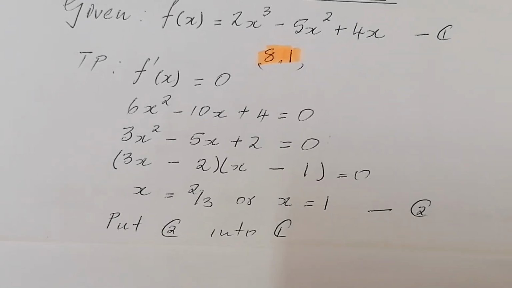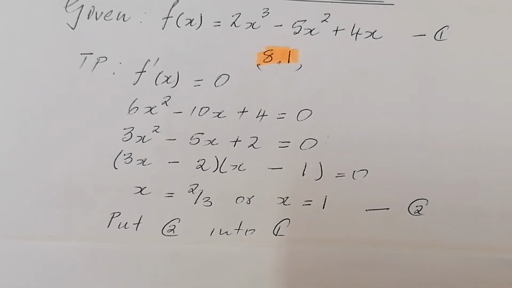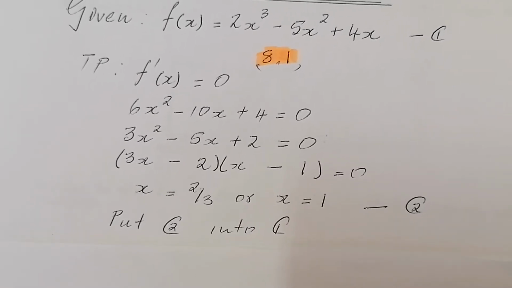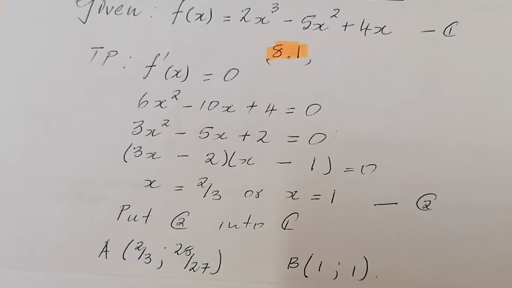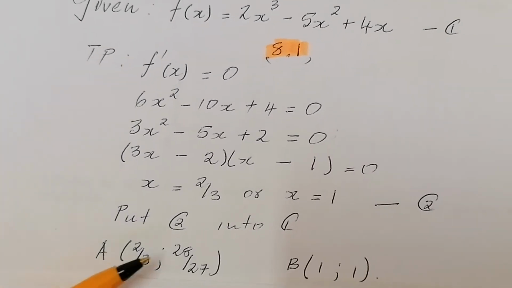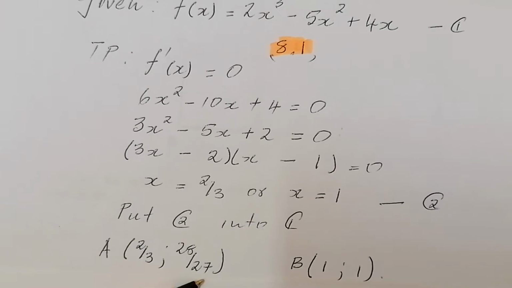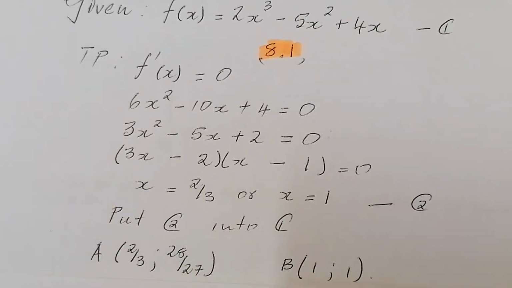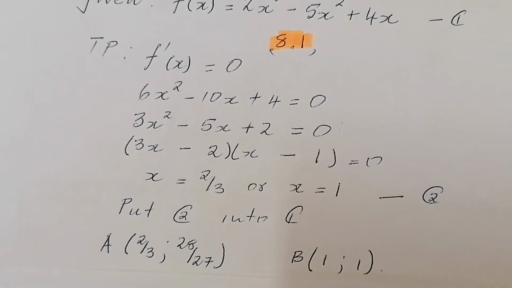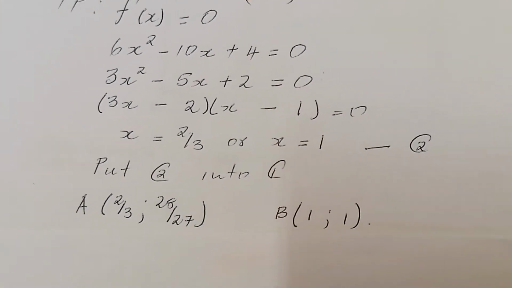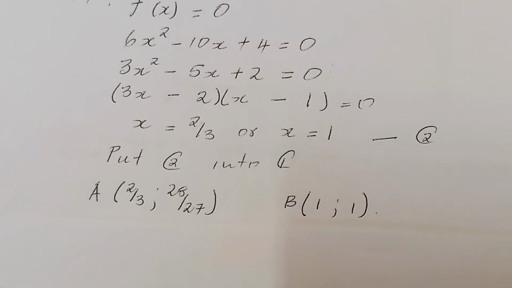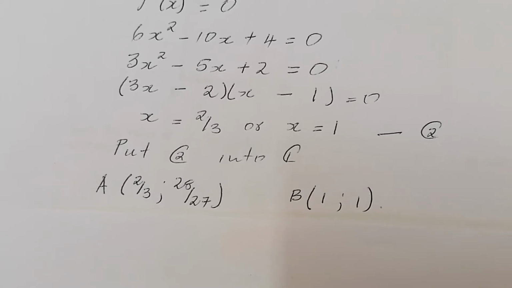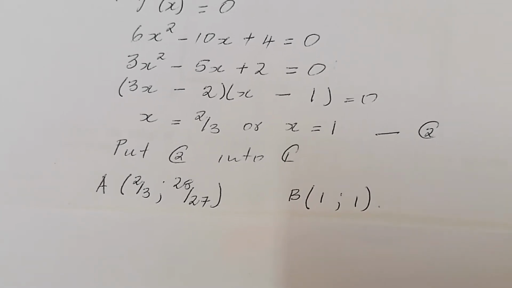Moving on, I'm saying substitute equation 2 into equation 1, each one of those values. When I substitute 2/3, I get 28 divided by 27. When I substitute 1, I get 1. Meaning that the coordinates of the turning points that they are looking for are (2/3, 28/27) and (1, 1).